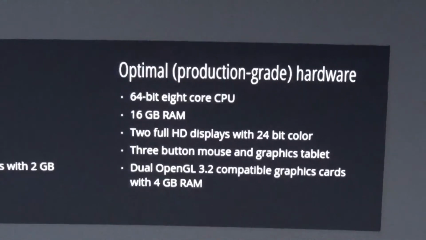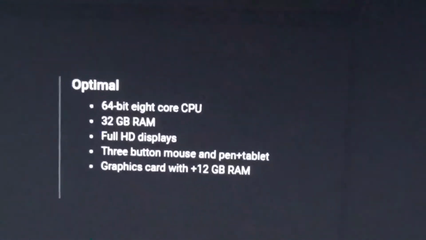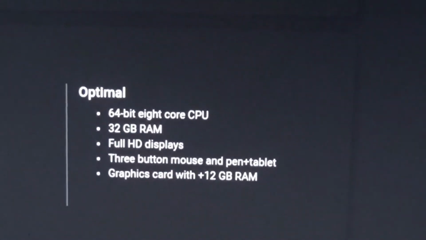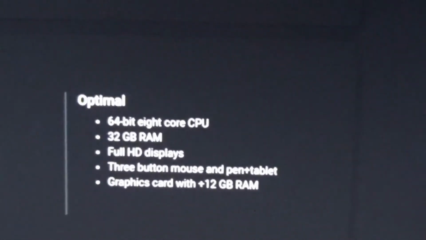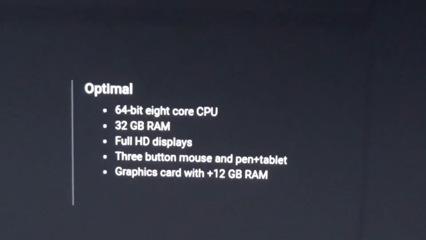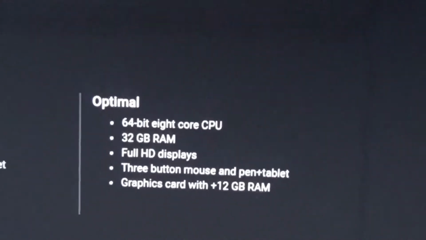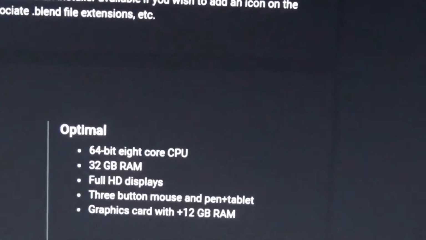If I click up here to today's requirements, now they want 64-bit, 32 gigabytes RAM, and they still want 2 full HD displays, but they want a fancy graphics card with that. I don't have all that stuff, but I have a lot of it.